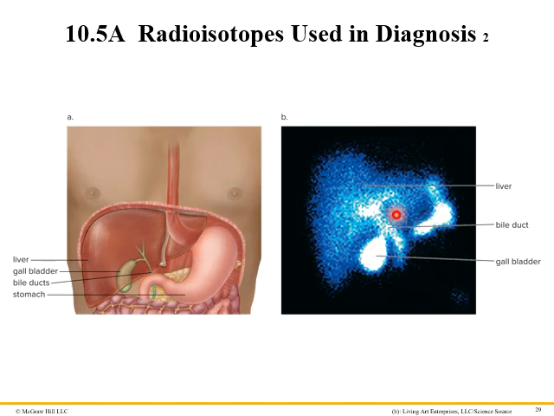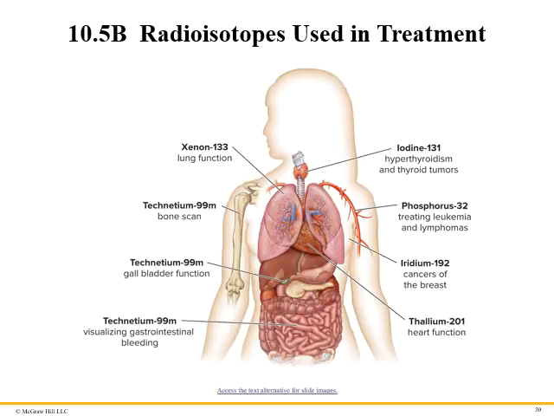You can see the contrast, and you can see whether it's functioning or not in this scenario. Here are a few examples of where we use radioisotopes in treatment. We use xenon-133 to figure out lung function, iodine-131 for thyroid issues, technetium for bone scans, phosphorus for treatment of leukemia and lymphomas, iridium for breast cancer, and others.